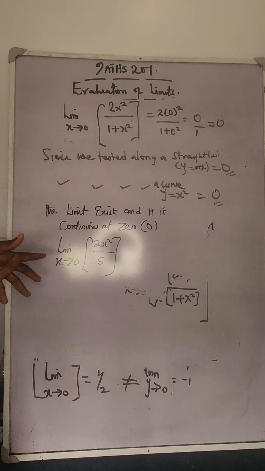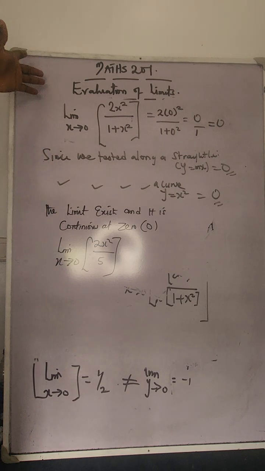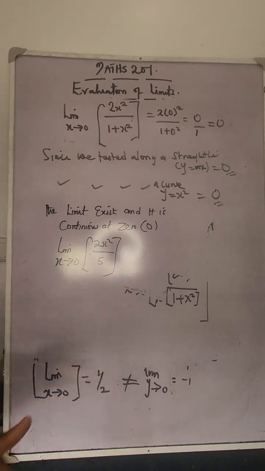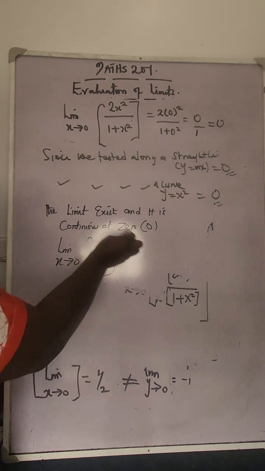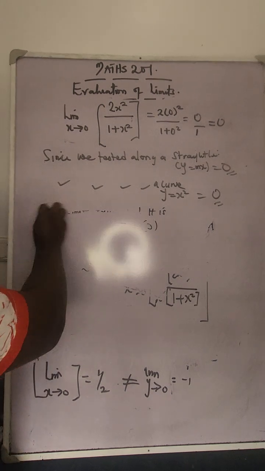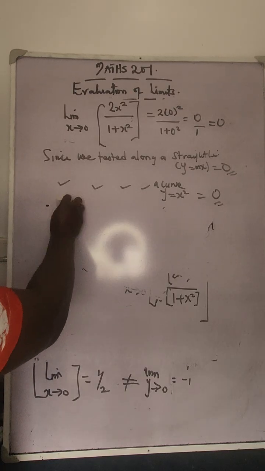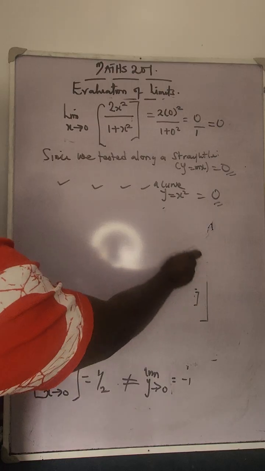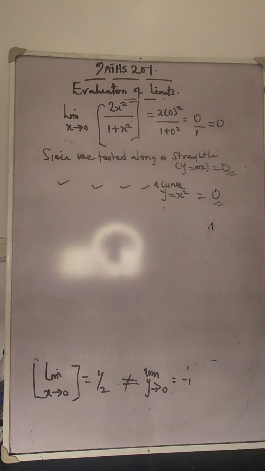The difference between what you're doing now and what you have been doing before is that at this point you are dealing with two variables, x and y, multi-variables, several variables. And so we have been able to understand what it takes to evaluate a limit.